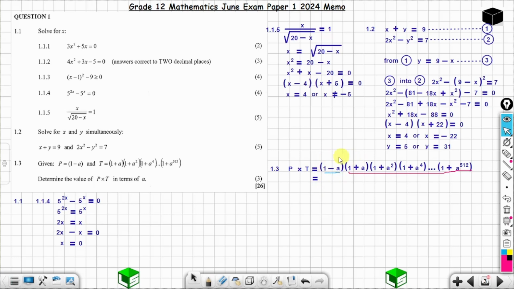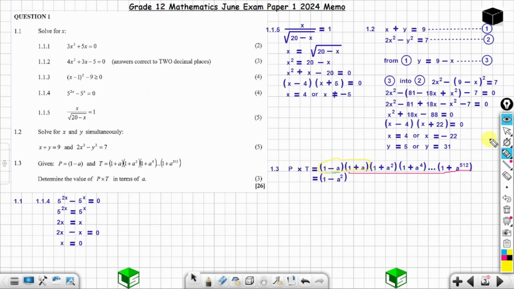You're going to have a difference of two squares. You're going to have 1 times 1, which is 1, and then minus a times a, so you have minus a squared. For the middle term, you are going to have 0. So you have this from this. Let me show you.